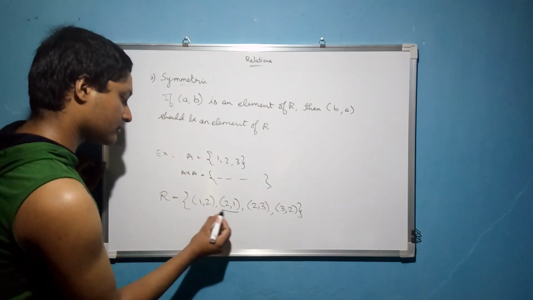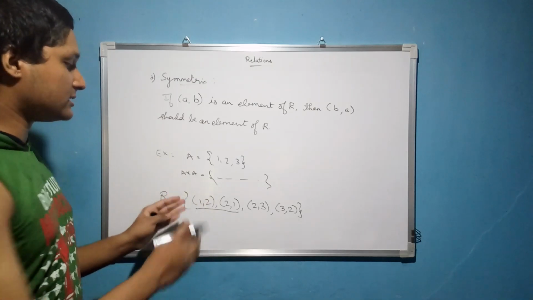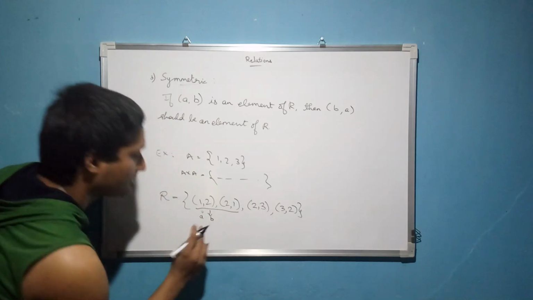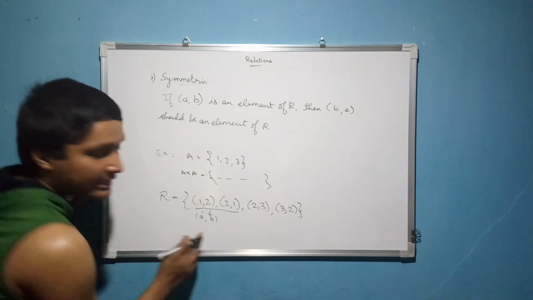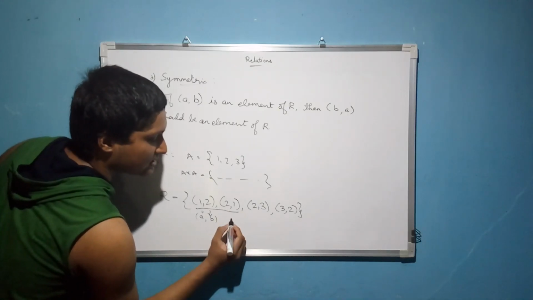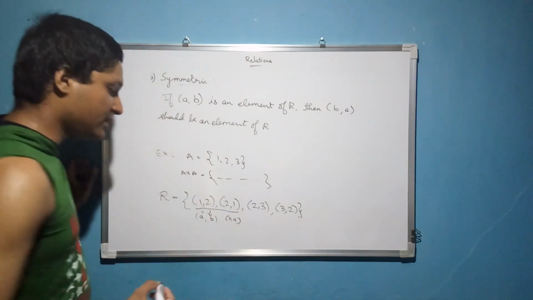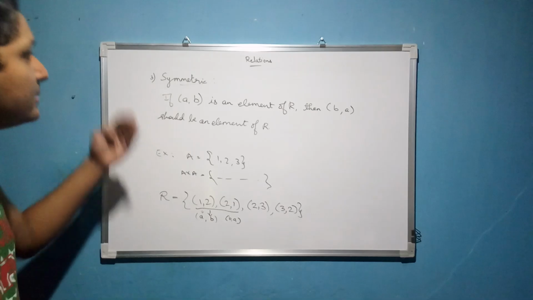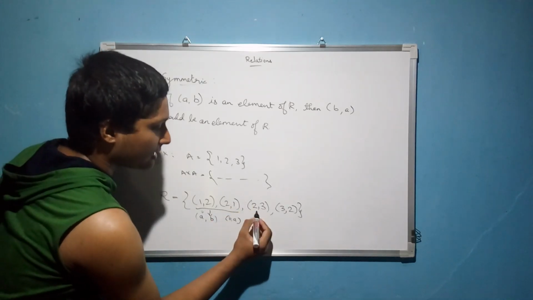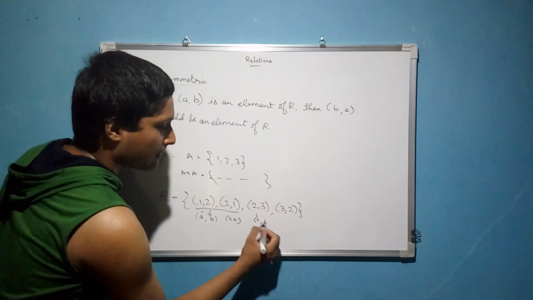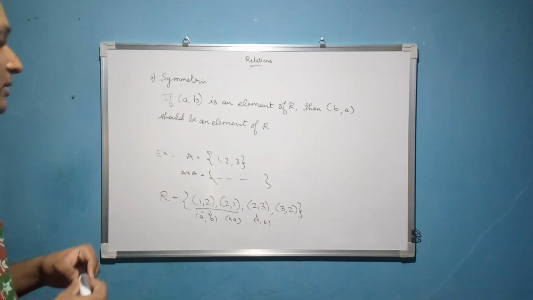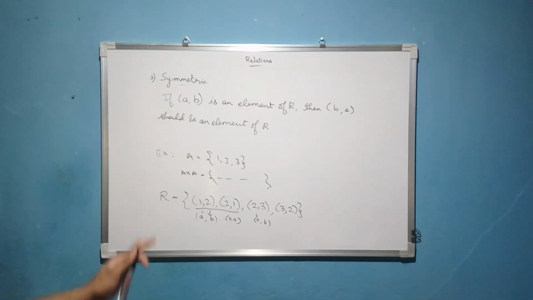So these two are symmetric, as you can see, (1,2) and (2,1). One is the opposite of the other. If I take this as a and this as b, this one could be the element (a, b), then this becomes the element (b, a). That means if (a, b) is present, (b, a) also should be present in this relation. Then it becomes symmetric. In the same way, if this is (a, b), then this is (b, a), or vice versa. So when (a, b) is present, (b, a) should also be present to make the relation symmetric.